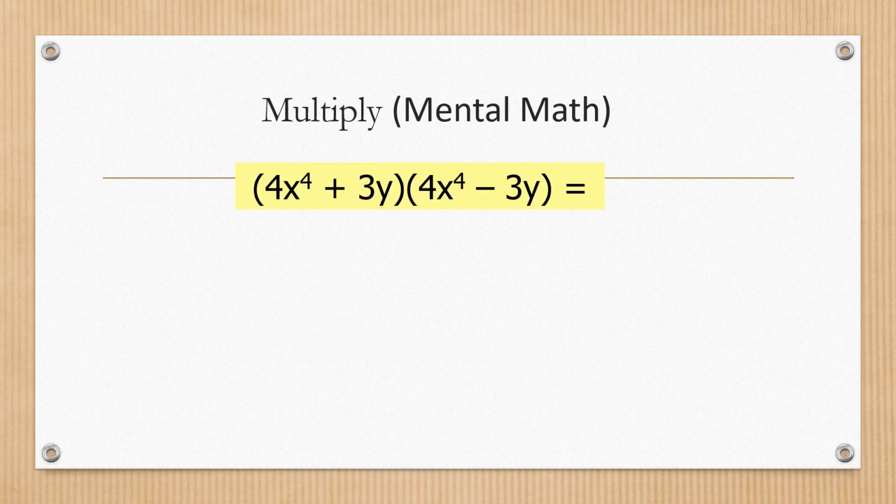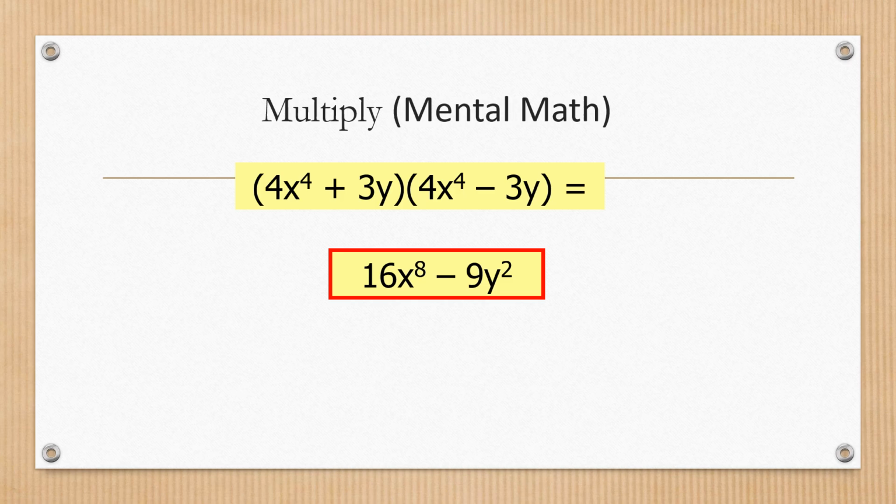All right. Then we have here 4x to the fourth. Okay, so we have 16 because 4 times 4 is 16. 4 plus 4 is 8. And then the last term is negative 9. Here we have positive 3 times negative 3 is negative 9x squared.